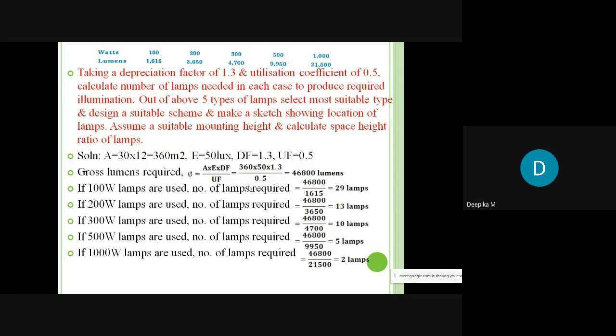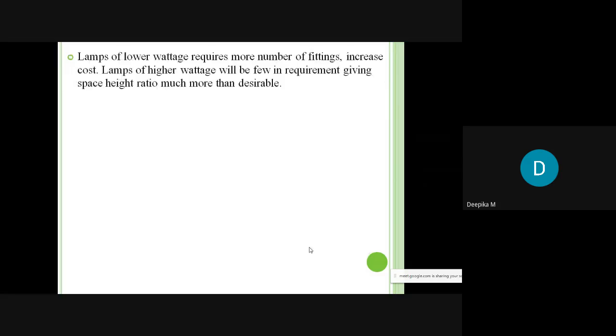So like this, by using this table, you have calculated how many lamps are required for each wattage type. So here we have a statement, and you have to be very careful because this statement is very important: the lamps of lower wattage require more number of fittings.